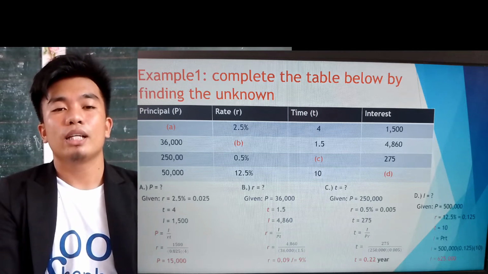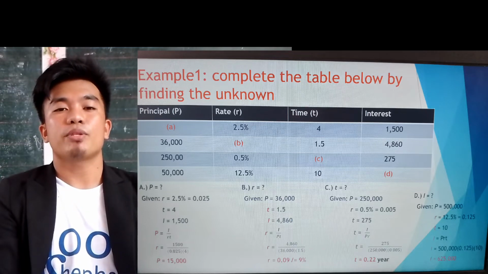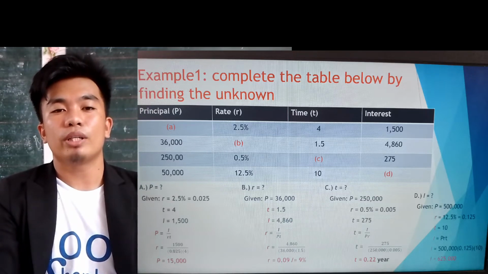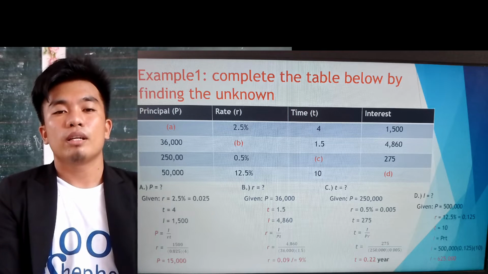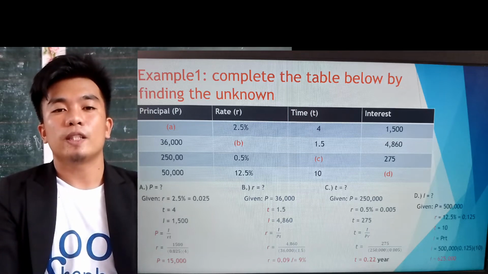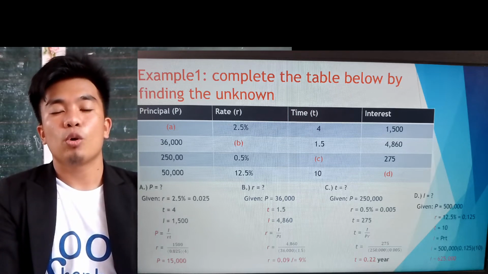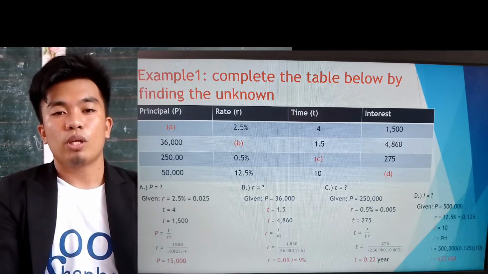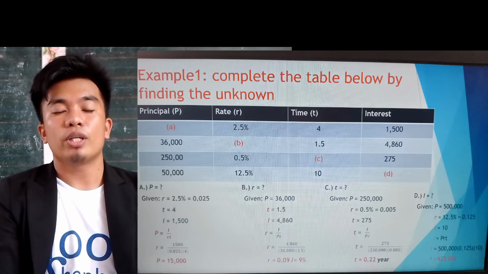Our formula to find the time is I over principal times rate. The interest is 275, the principal 250,000, and the rate 0.005. The total is 2.22 years. That is our time.